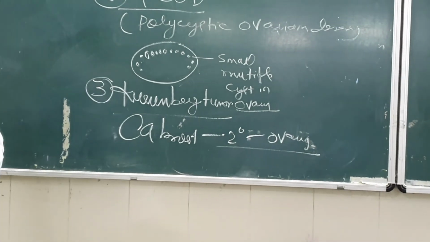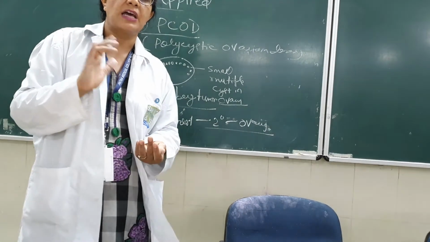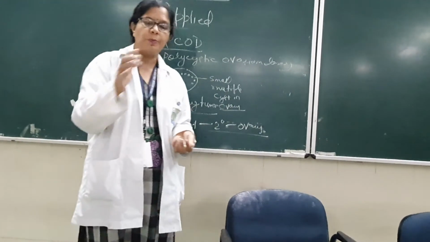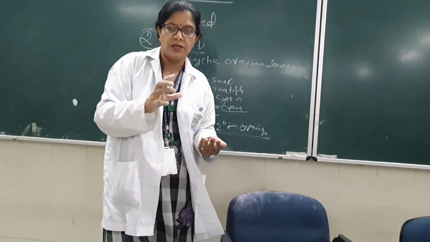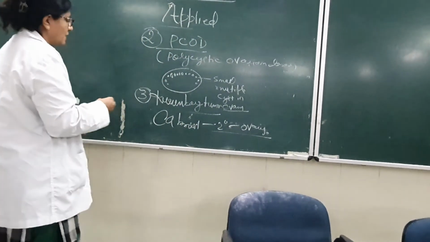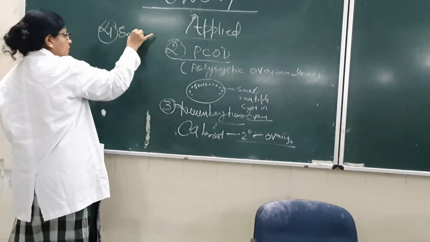Then endometriosis is the other thing, in which there is involvement of the endometrium, and in this process there will be chocolate cyst of the ovary.